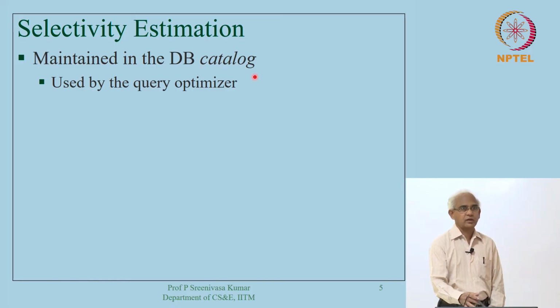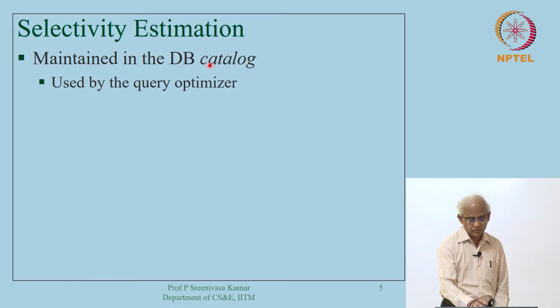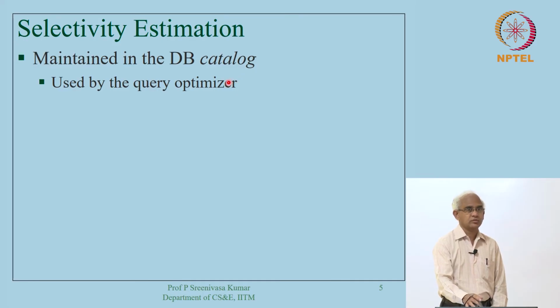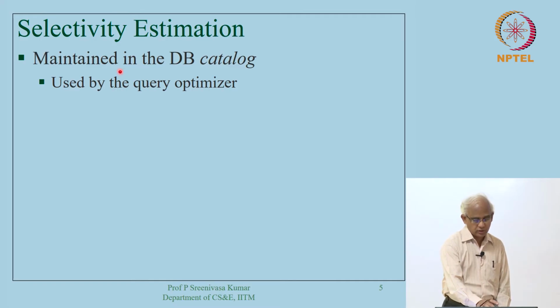In a database catalog, along with lots of other metadata of the database, we will also maintain these statistics about the various selection conditions that are being used in the queries. These statistics will generally be used by the query optimizer. As the database keeps running and answering various ad hoc queries, on the side it will also keep track of these selectivity values.